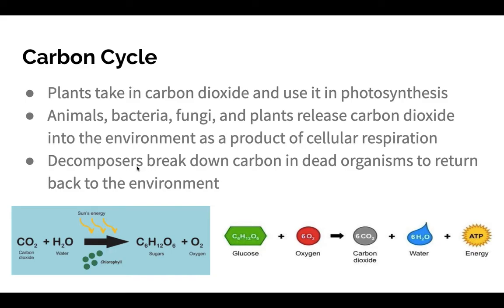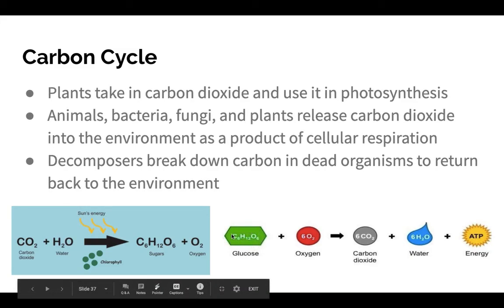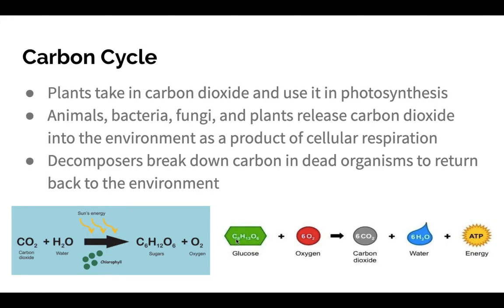Now, decomposers can also break down that carbon in dead animals and plants. So if the plant dies and goes into the soil, there's still going to be carbon trapped in some of those glucose molecules. So the decomposers will break those C's out and release those back into the atmosphere.